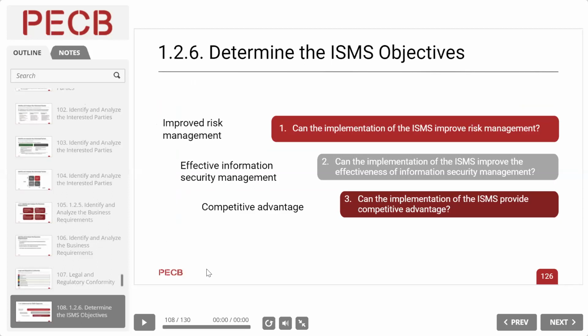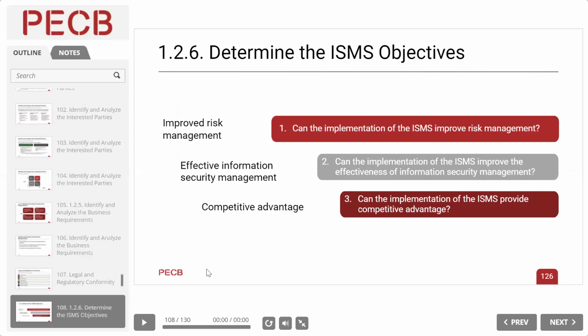So these are examples of ISMS objectives. As I said, we need to identify our objectives. Why are we doing it? These objectives need to be stated in the context document.